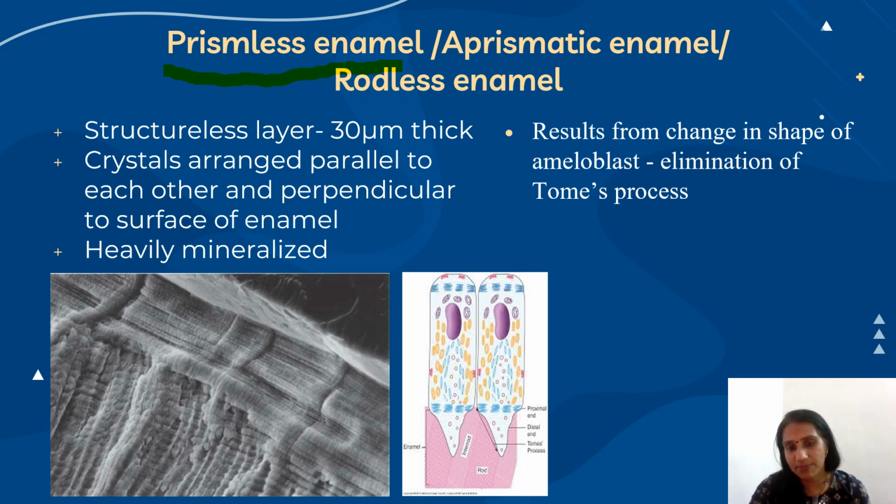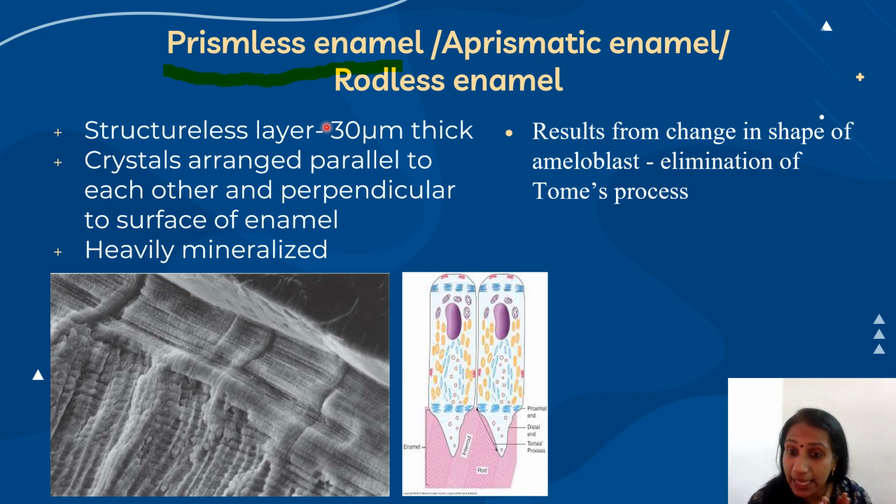Now this is a structureless layer which is 30 micrometers thick, and this is seen at the dentino-enamel junction and on the surface of the enamel.